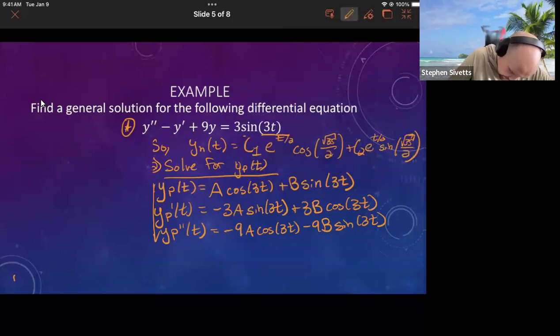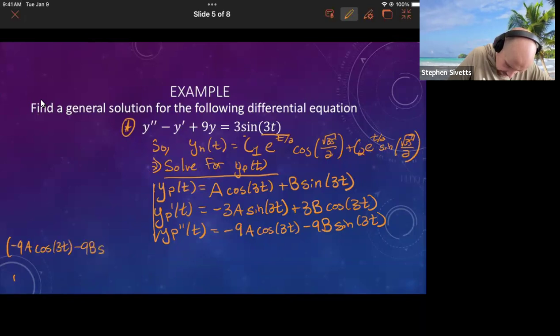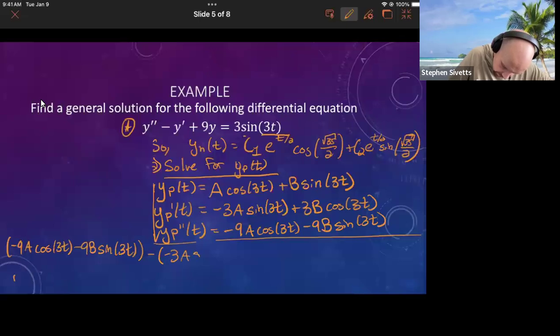So I have a minus 9a cosine 3t minus 9b sine 3t. Okay, minus y prime.